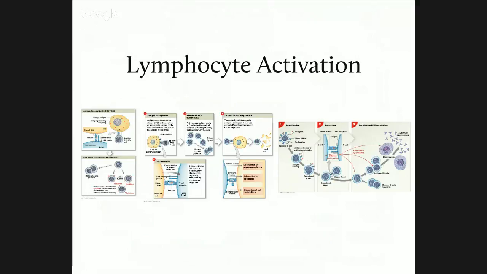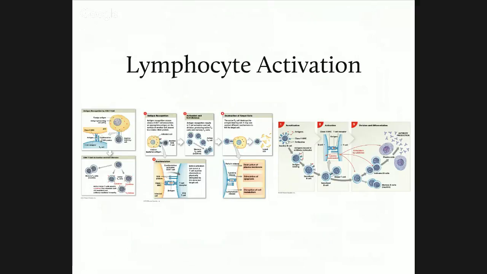Now, the lymphocyte maturation, the testing that I showed you before, is taking place in primary lymphatic organs, or lymphoid organs, however you want to call them, which means in the bone marrow or in the thymus.